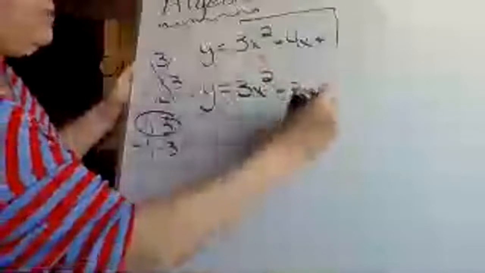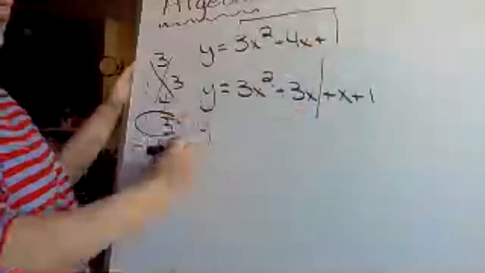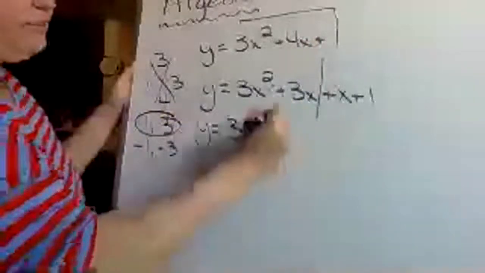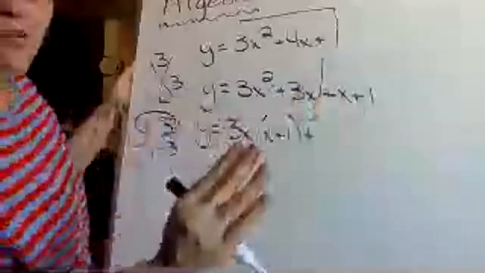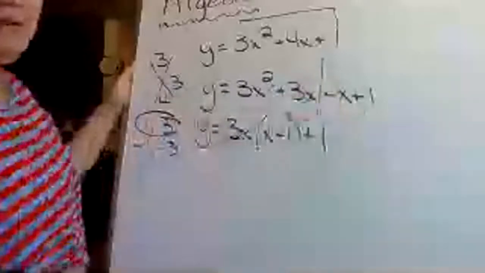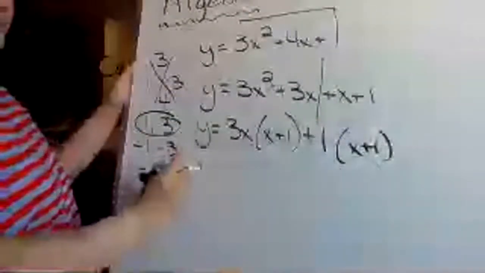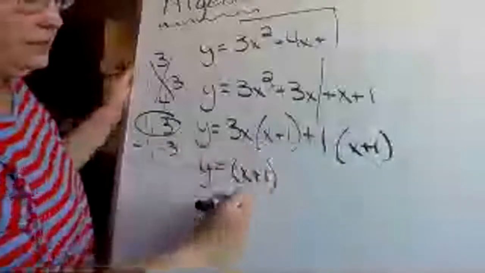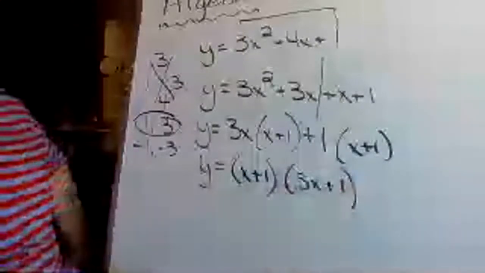Plus 3x plus x plus 1. I take out a 3x. When I do that, I'm left with x plus 1. Then, what do these two have in common? They only have a 1 in common. There's nothing else that's in common. So I write a 1, and then you have x plus 1. Are my two sets of parentheses actually the same? Yes. Beautiful. And then you have 3x plus 1.